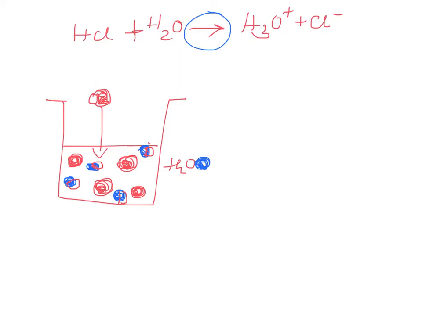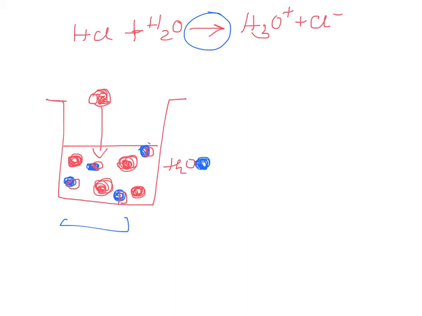So if you consider an HCl solution containing, let's say, 1 times 10 to the negative 2 moles per liter, then virtually there is no intact HCl. The HCl is essentially all ionized to form hydronium ion and chloride with a complete dissociation, as I showed you in this picture.